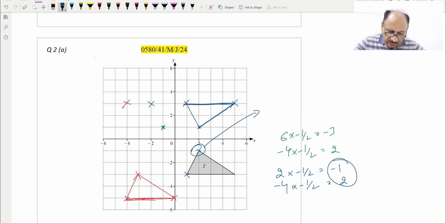These are from the new center, 3 units right and 2 units down, so -2, and multiply by -1/2, and this will be -1.5 and this will be 1.